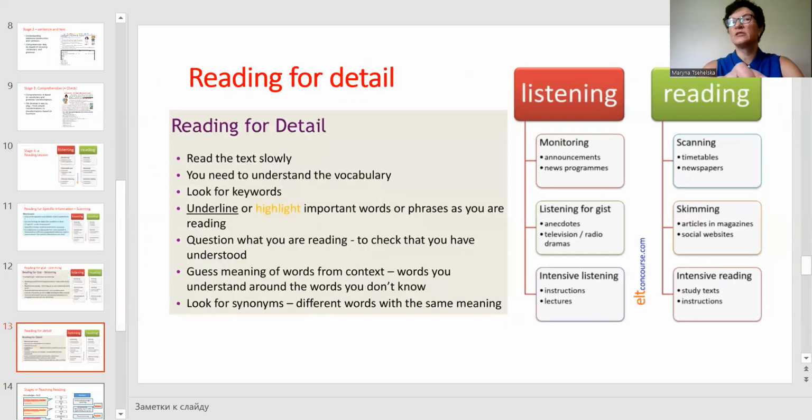When we read for detail, we already read the text slowly, we look for keywords, and it is very important if you read for a test to read the questions before reading the text, and only then you'll be able to answer them correctly.